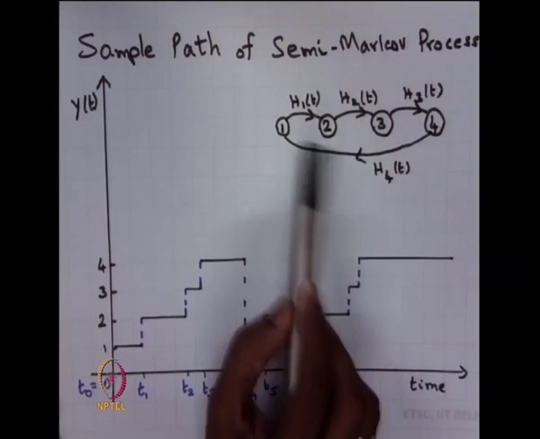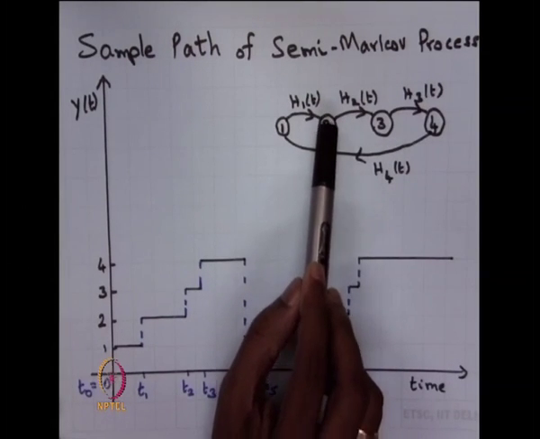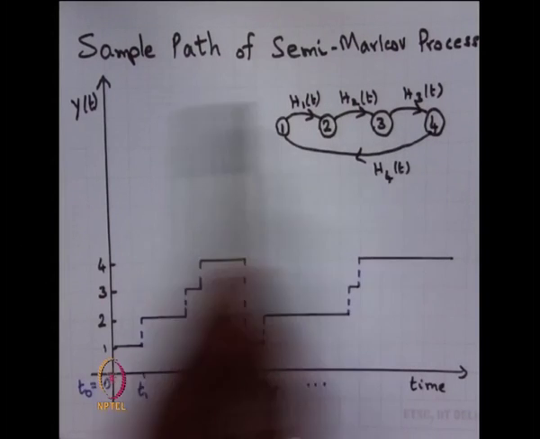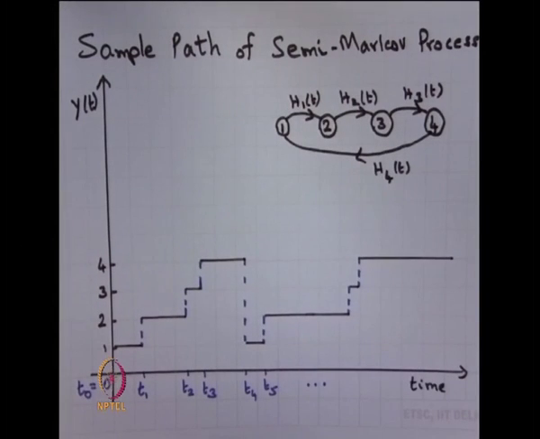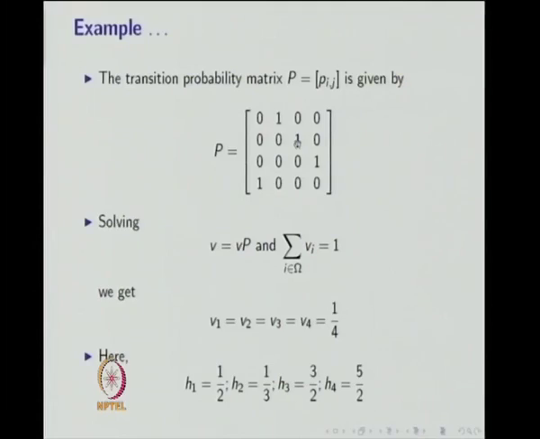Therefore, the transition probabilities from the state 2 to 1 and 2 to 4 are 0, whereas 2 to 3 will be 1. Similarly, 3 to 4 will be 1 and all other transition probabilities are zeros. Then the system moving from the state 4 to 1 is 1 and all other probabilities are 0.